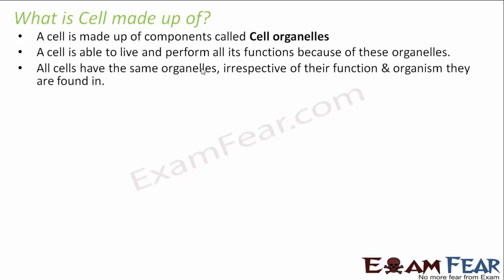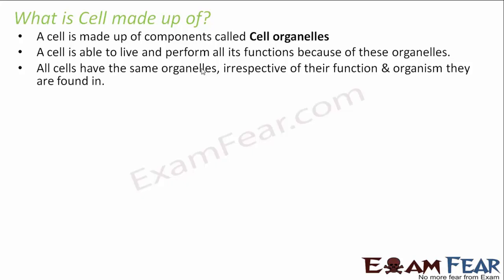That means whether it is a nerve cell or a bone cell or a blood cell, whatever cell it is, the cell will have the same organelles. The components of the cell will remain the same even if the cell types are different or the cells are present in different organisms. Let us suppose a cell inside a human being and a cell inside any other animal, for example, an elephant, right?